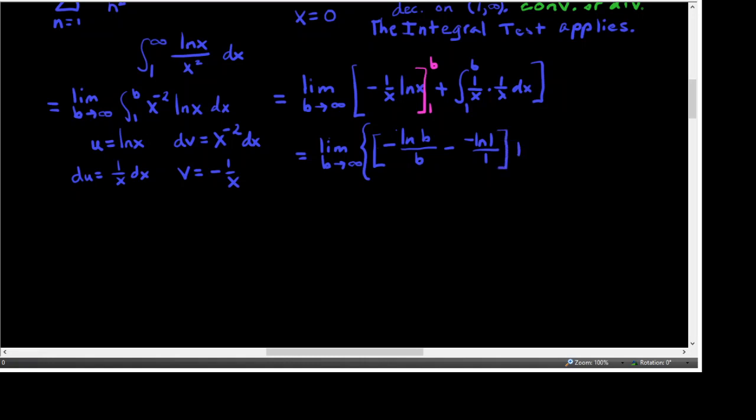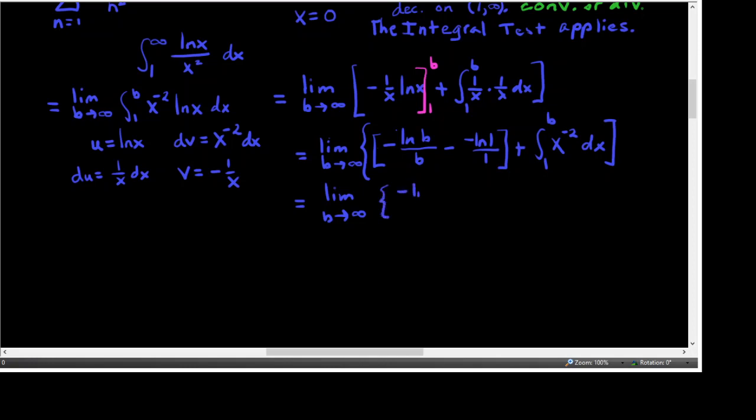Plus, okay, and this is the integral of x to the negative 2 dx from 1 to b. Now what I'm not going to do is evaluate the limit yet. I'm going to wait till I've done all of the integration and substitution and do this limit process all at the end. So I guess I'll put this here.